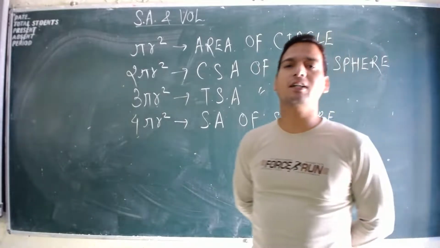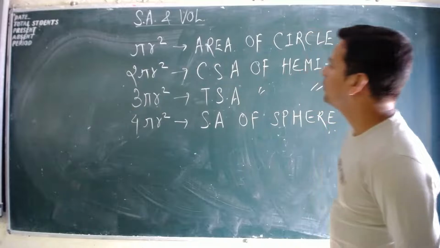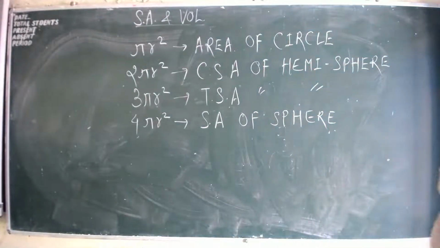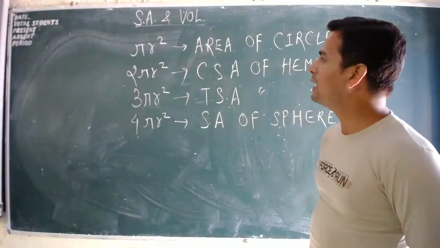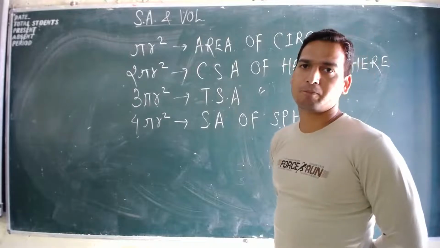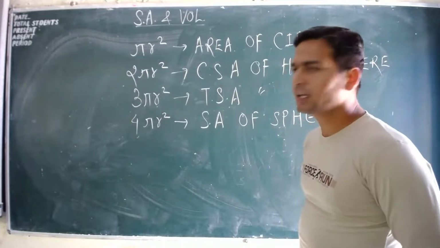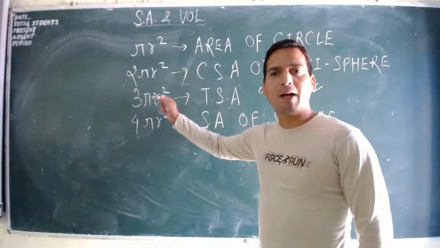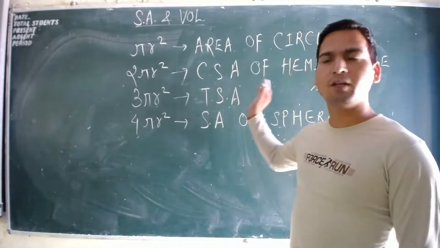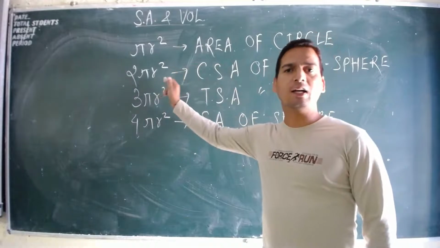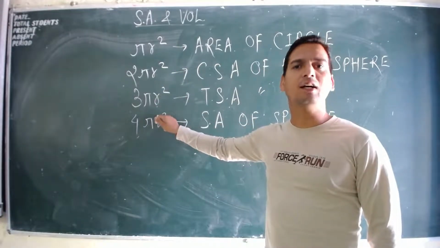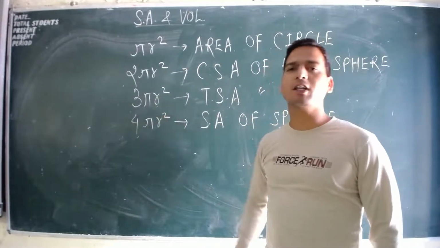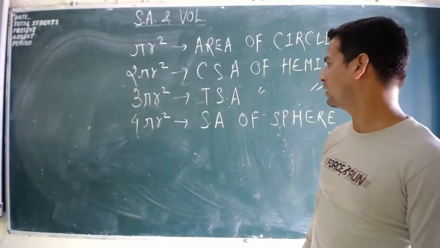It's very easy to learn if you make the table of these. Pi r square is basically the area of circle. 2 pi r square and 3 pi r square are the part of hemisphere. One is CSA and another is total surface area. 4 pi r square is the surface area of sphere.